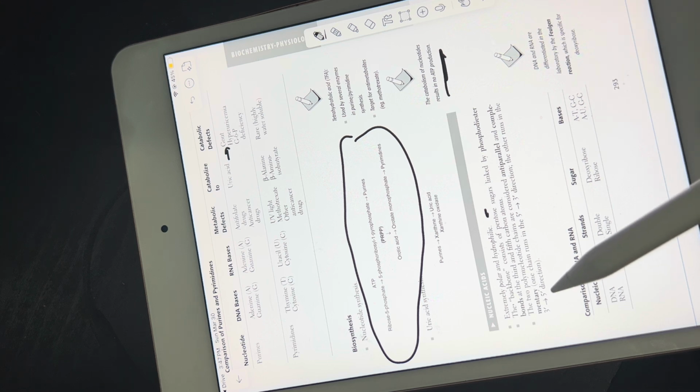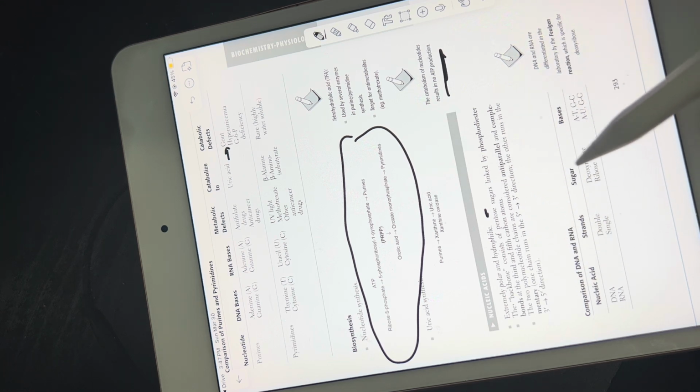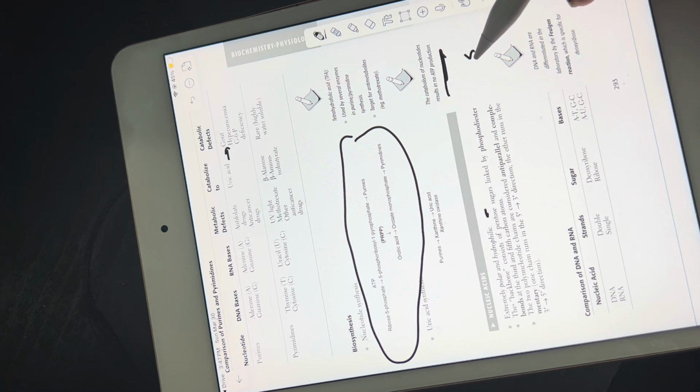The backbone consists of phosphodiester bonds, and there are two chains, antiparallel and complementary. So one will run in the 5 to 3 direction and the other in the 3 to 5. This is also very important, so you should make a note on this.